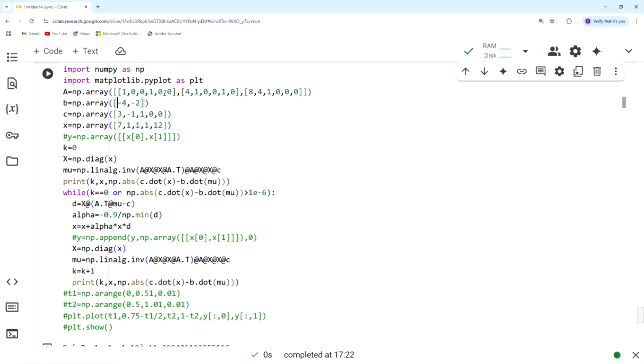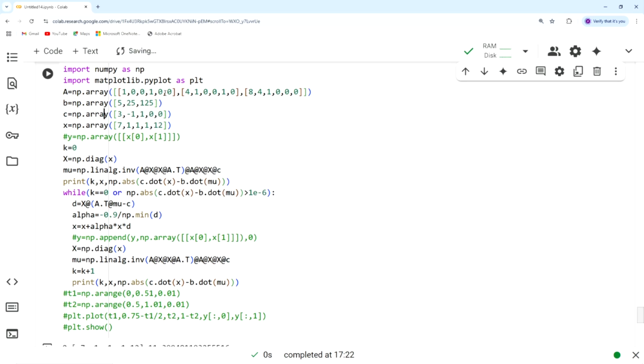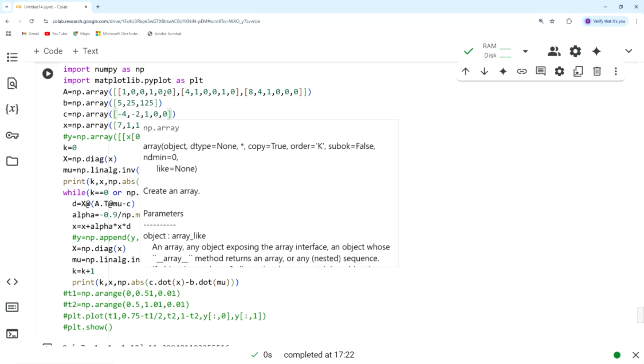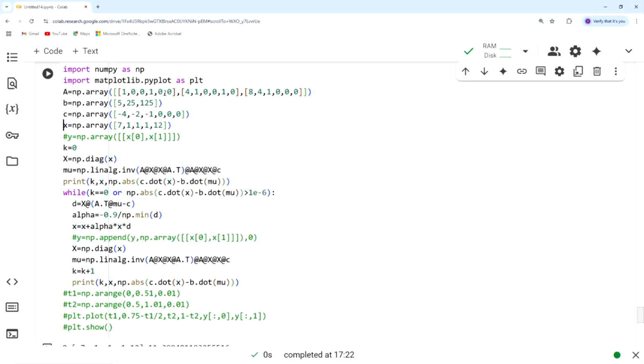And B is just 5, 25 and 125, okay. And C is minus 4, minus 2 and minus 1, and 0 0 0, okay.